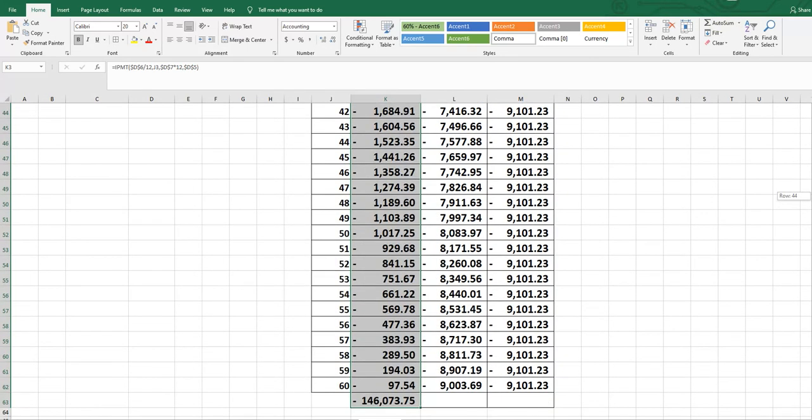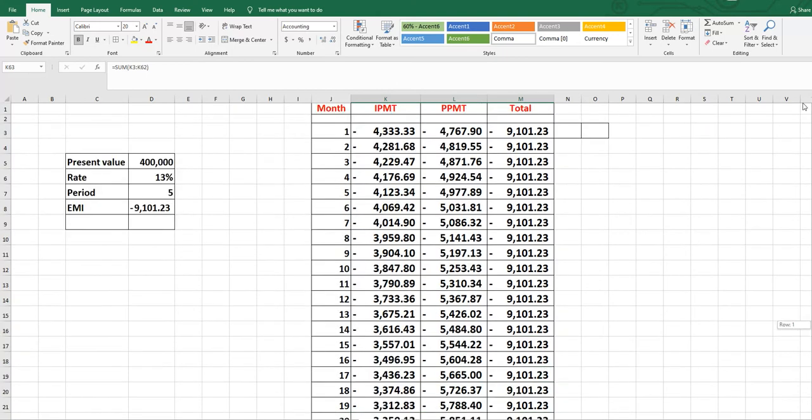So this first column, sorry, should represent our interest, this one is our present value, which was 400k. It means 400k is our present value, and we are going to pay 146k interest in 5 years, so total 546k we will pay during 5 years.